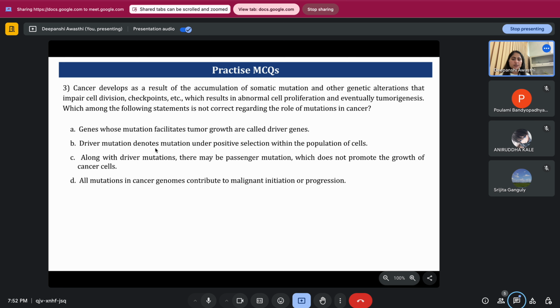Option B: driver mutations denote mutations under positive selection within a population of cells. Option C: along with driver mutations, there may be passenger mutations which do not promote the growth of cancer cells. And option D: all mutations in cancer genomes contribute to malignant initiation or progression. Now you have to select the option which is not correct with respect to the role of mutation in cancer.